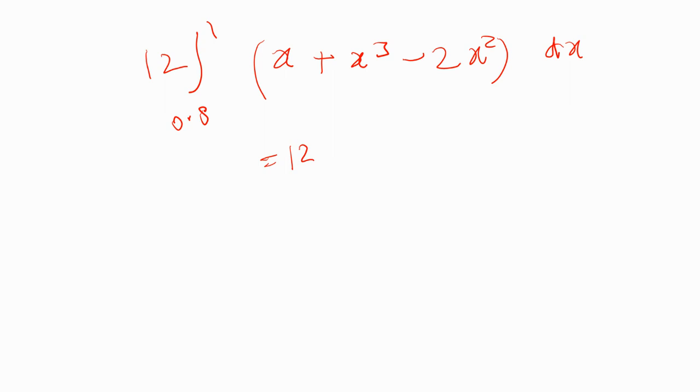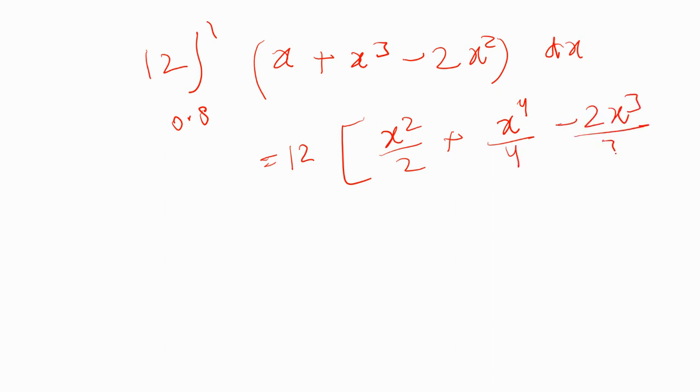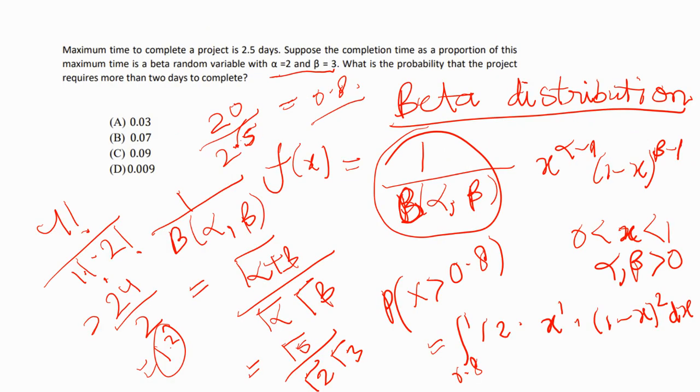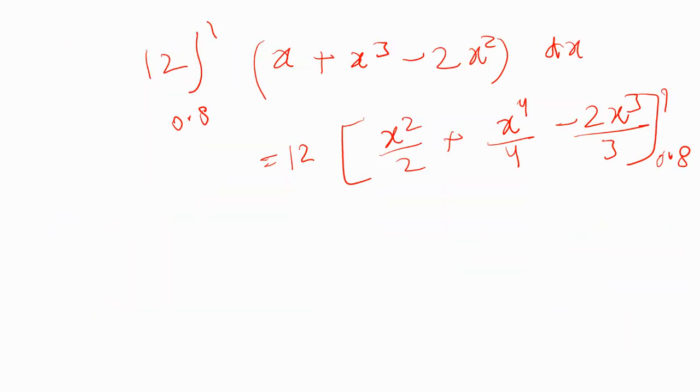So it will be 12 times x square upon 2 plus x to the power 4 upon 4 minus 2x cube upon 3, from 0.8 to 1. Now you can put in the values. It will be about 0.027. This is also not an option, so you can solve it and check whether it is an option or not. But this is the way to solve it.